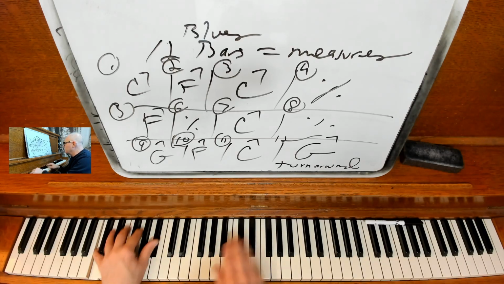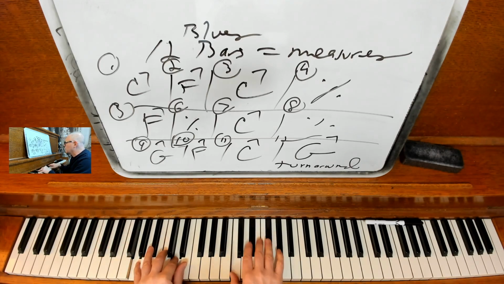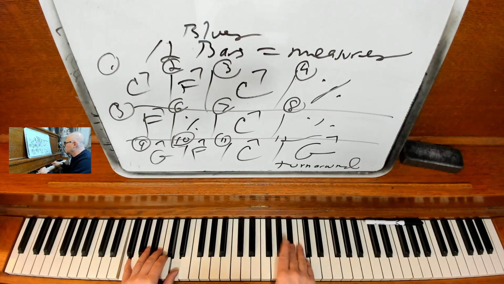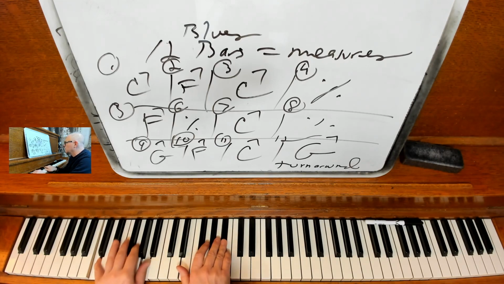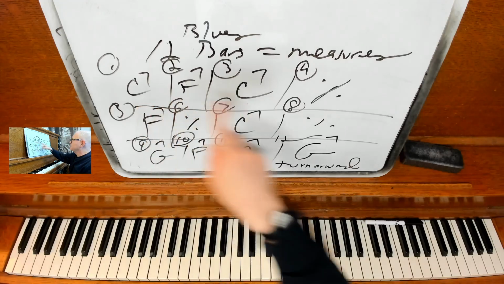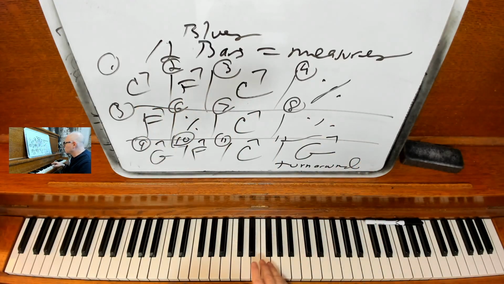And if you notice, I'm going to use the same scale overall, all the chords. You can use the same C blues scale over all those chords. That's really pretty interesting. Now I could change the scale.